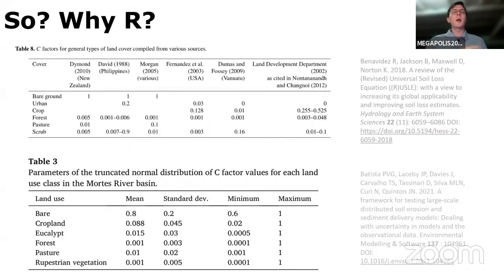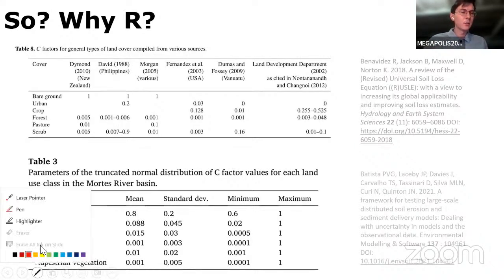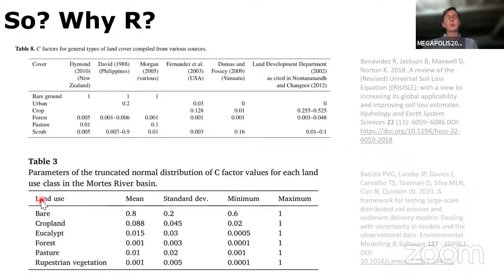You remember how I just took C factor values from the table, and this is the most critical point of every soil loss equation calculation, that actually we do not really know for sure what the C factor value is for every land use land cover class. Therefore, Batista et al. suggested a really nice approach, which I really suggest you read and explore.